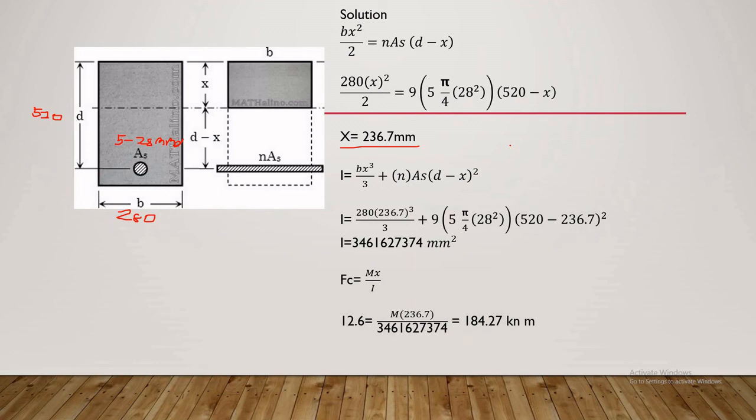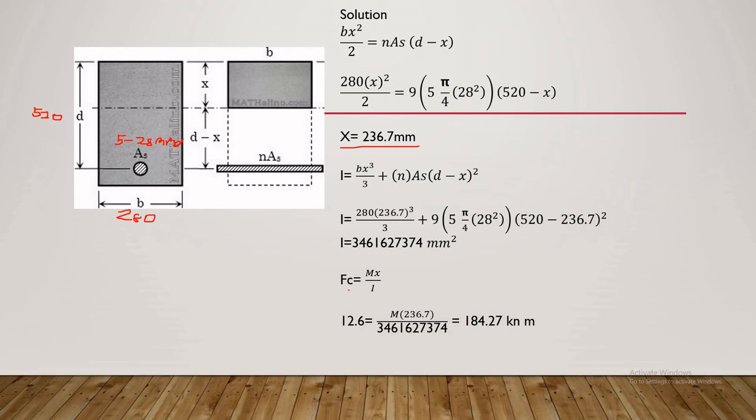So, substituting the values, since meron na tayong mga value na ito, makukuha nating moment of inertia is 3,461,627,374 millimeters to the fourth.